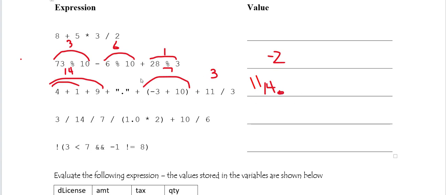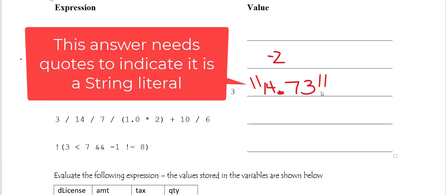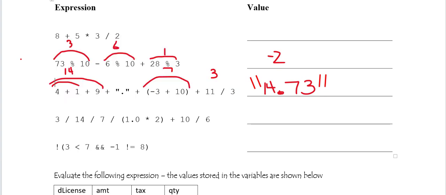Now, because this is a string, it will then concatenate that. And this will also be concatenated. So we have 14.73. Just be aware, follow the order of operations, and that plus sign around a string will be string concatenation.